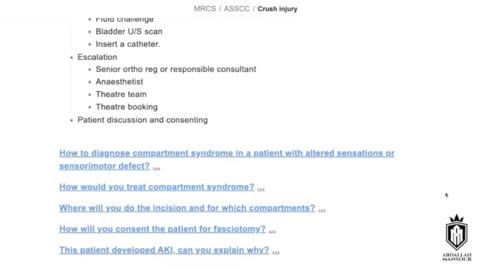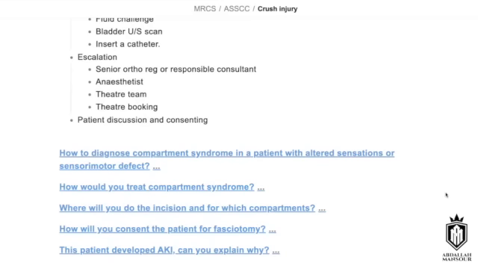So Brandon, you have a patient with altered sensation and a sensory motor deficit. How would you diagnose compartment syndrome? Compartment syndrome will be diagnosed with intracompartmental pressure greater than 30 millimeters of mercury, or it can be a clinical diagnosis. Would you measure intracompartmental pressure in all the patients?